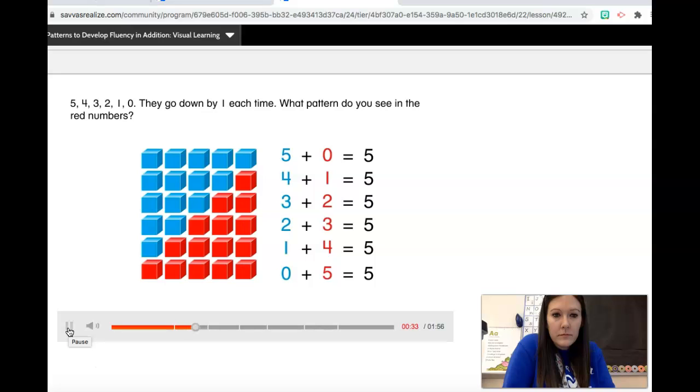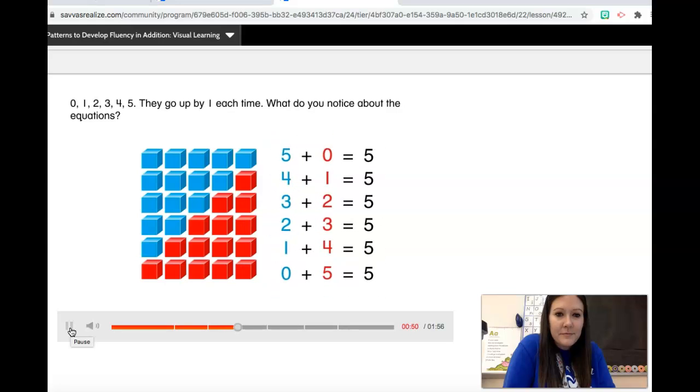They go down by 1 each time. What pattern do you see in the red numbers? Zero, 1, 2, 3, 4, 5. They go up by 1 each time.